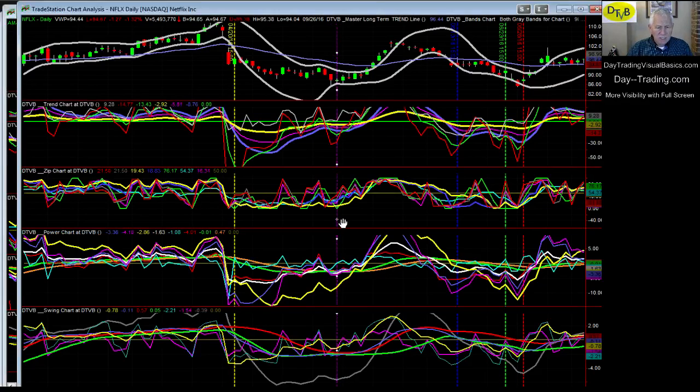Now in this case here, Zip green is at 0 and Zip pink is at 19 and Zip yellow is at 8. Zip blue is at 25. In the order, you got green, yellow, pink. When Zip yellow is lowest, it's a good indication of movement.